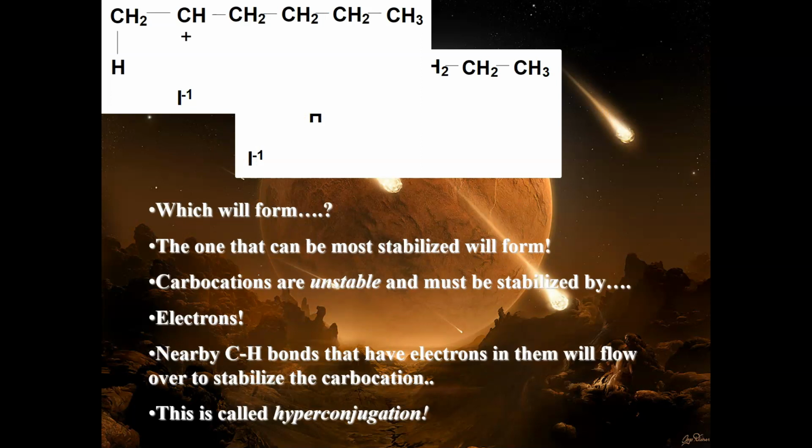Well, the one that is the most stable. If it's unstable, then we need to stabilize it, and we stabilize it with electrons. Nearby carbon-hydrogen bonds that have electrons will flow over in order to stabilize that carbocation, and we call this hyperconjugation.